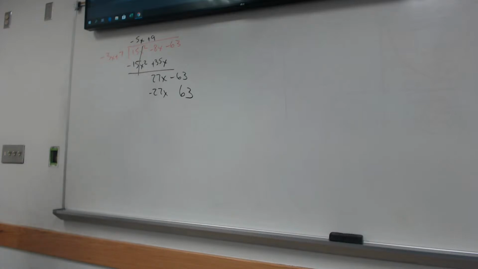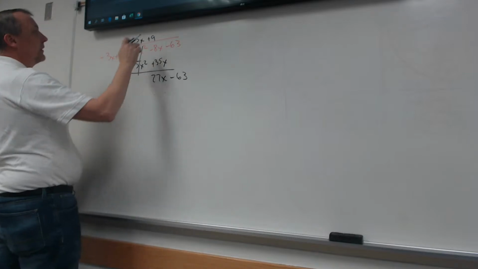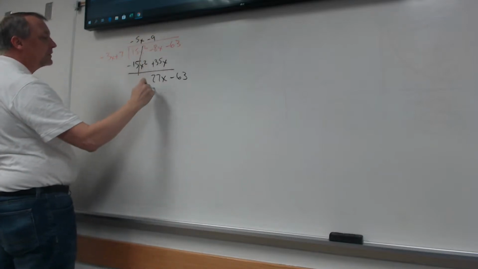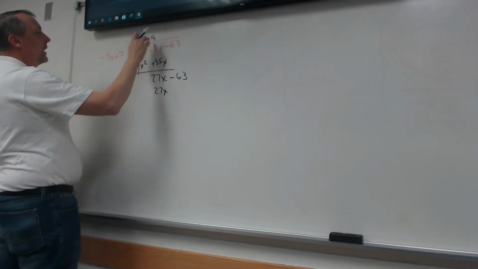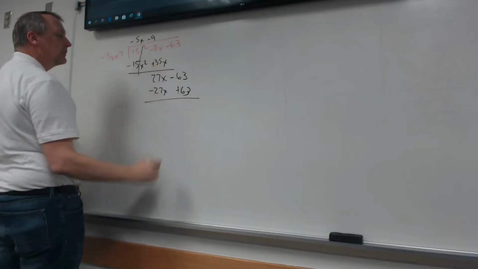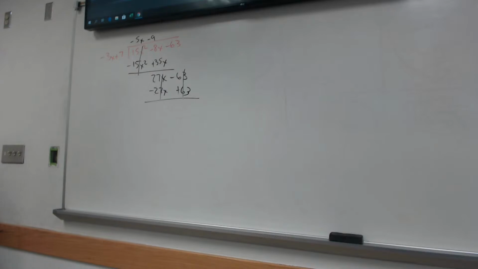Yeah, I'm confused. I want to keep this negative. Negative times negative is a positive 27x. Negative 9 times 7 is negative 63. Now I want to subtract, change my signs. Those go away. I get a remainder of 0, so that one goes in evenly. Okay?